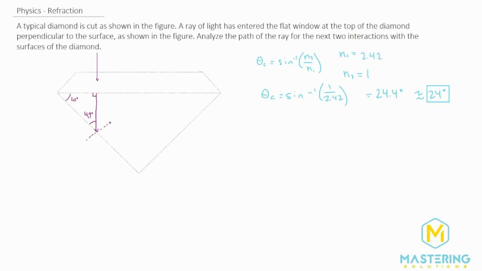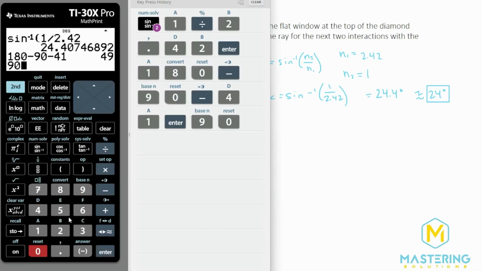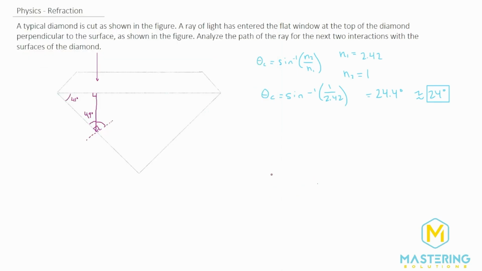So this right here is our normal, and the normal is always perpendicular to the surface, so that's 90 degrees. So 90 degrees minus 49 will give us our other angle, 41 degrees, obviously the same as up here. So this is 41, which is greater than our critical angle. So we will get total internal reflection.